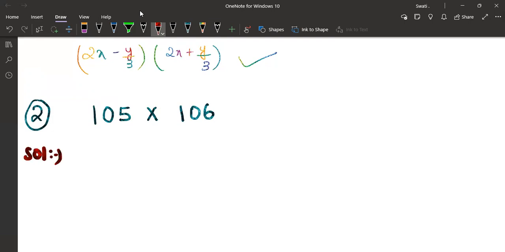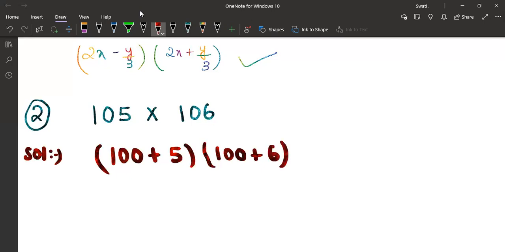So we can write down this 105 as, of course, 100 plus 5, right? And then this multiplication sign is over there, even if you're not writing it. Now we have the next number 106, and we can write that as 100 plus 6. Now by looking at this particular step, can you see a formula which we had covered in our 11 identities?